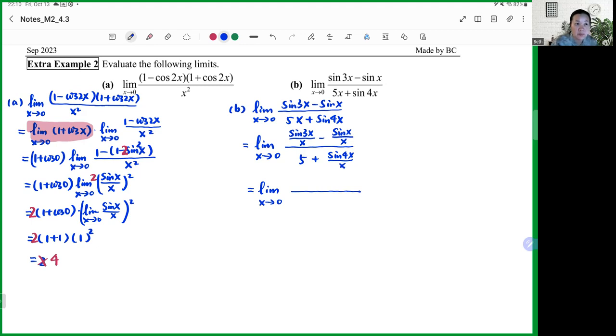1, 2, 3, 3 of them, each limit. Because the first one will be sine 3x divided by 3x multiply 3. The second one is a special one. And the third one, I can get it by dividing by 4x and multiply 4.